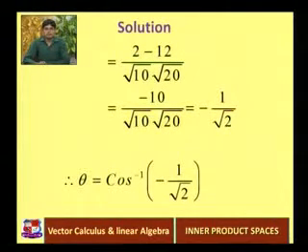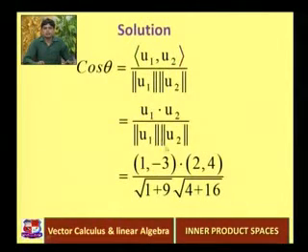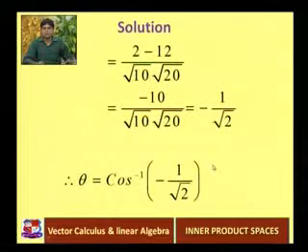Now the inner product. In the last slide we saw the dot product of these two quantities: 1 into 2, that is 2, minus 3 into 4, that is 12, which converts to minus 10 upon root of 10 into root of 20.